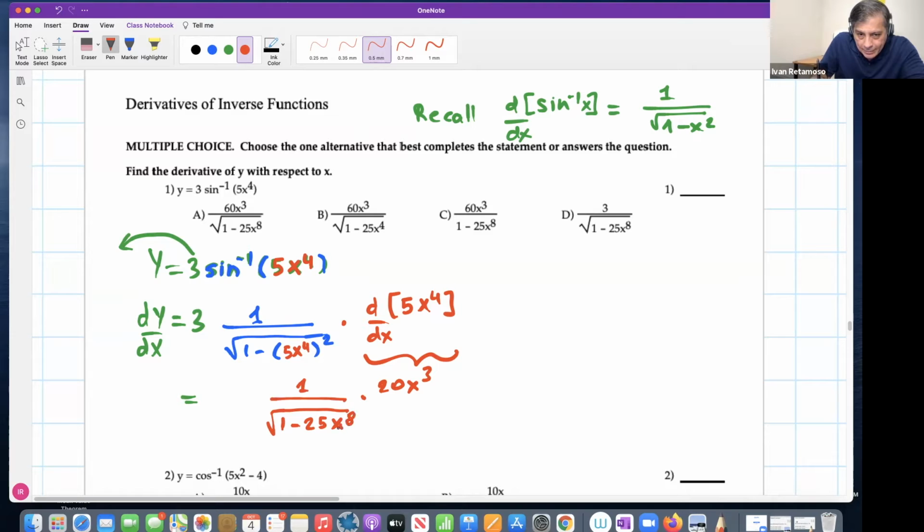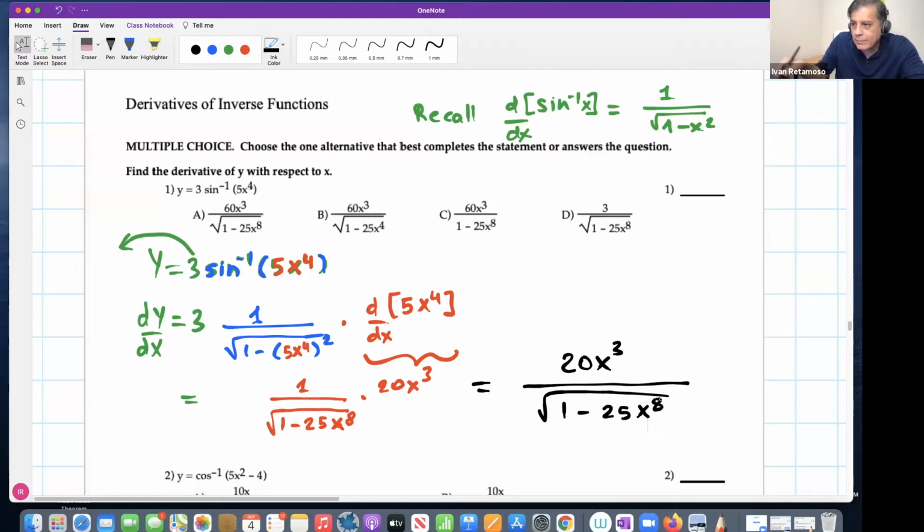X to the 8, very good. Almost done here. Now, this is gonna be equal to 20x cubed times 1, which is just 20x cubed, over a square root of 1 minus 25x to the 8th power, right? And don't forget that there is a 3 here, so 3 times this should be 60, right?